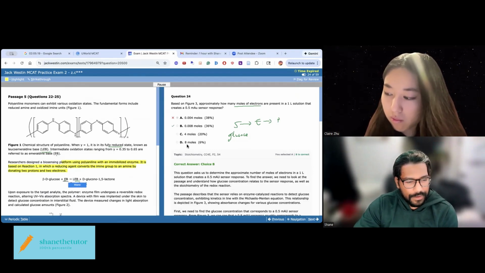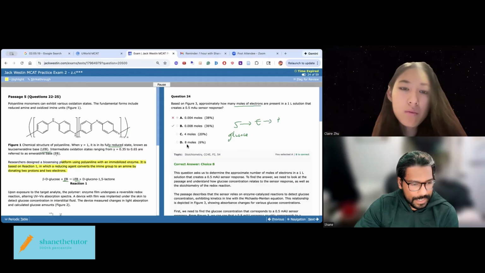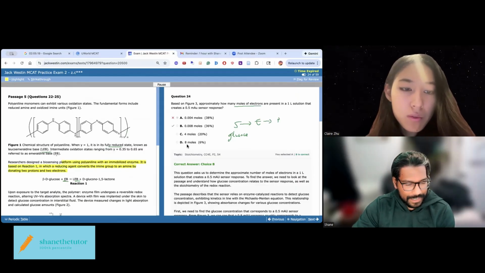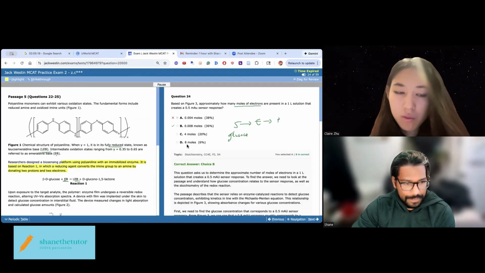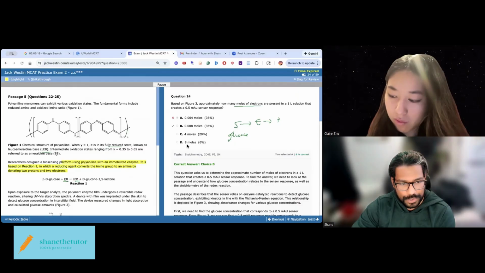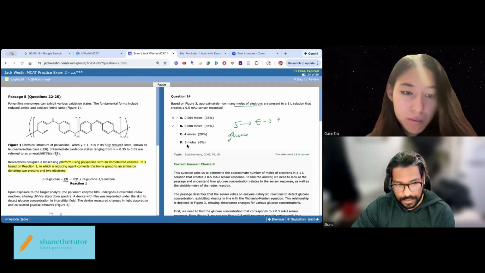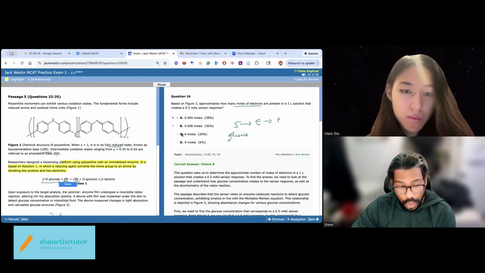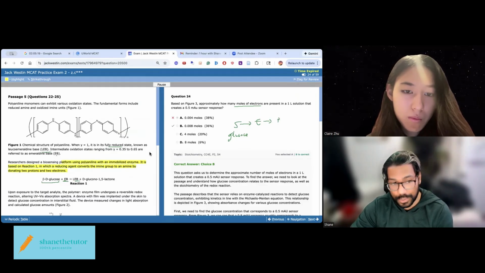Now it doesn't seem to say this explicitly, but I was thinking of it and it turns out to be the case. If EB is the thing that's getting reduced into LEB and nothing else is mentioned, the only other thing that's there has to be the reducing agent, right?